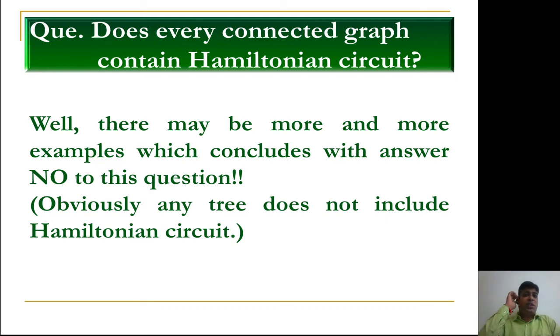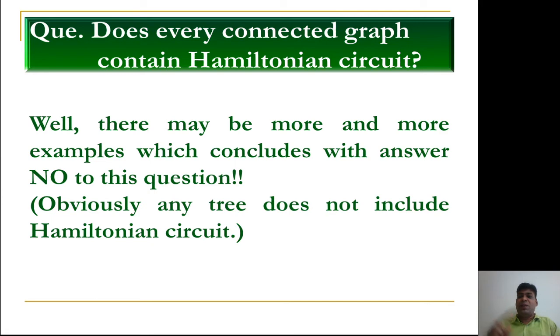Now the question is, if you are given a connected simple graph, and here of course we are considering undirected, so the edges are not directed, is it possible that every connected simple graph always contains a Hamiltonian circuit? Unfortunately, the answer is no. To have a Hamiltonian circuit, the first condition is that the graph must have a circuit.